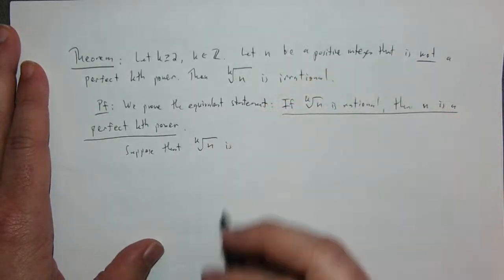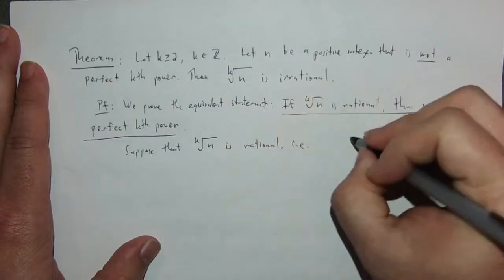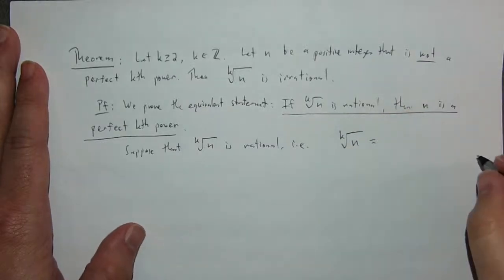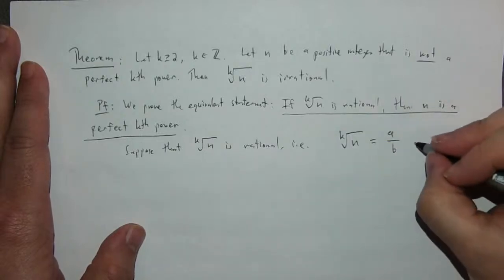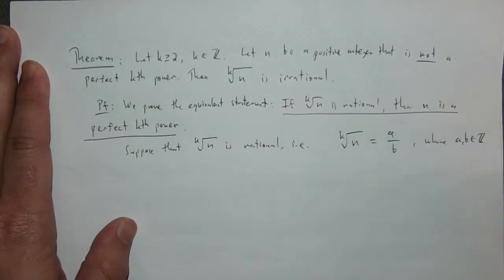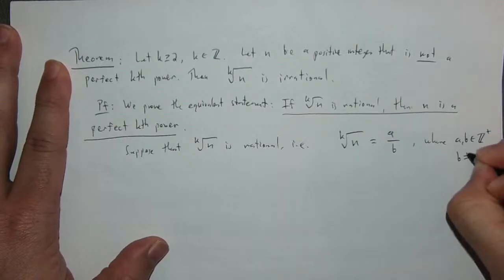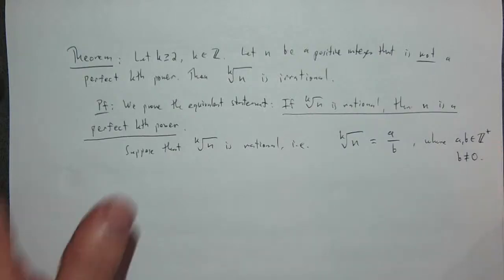The kth root of n is rational, i.e. the kth root of n is equal to a over b, where a and b are integers, and we can say that they're positive and b is non-zero, right? Okay. In case we're confused about whether or not this includes 0.